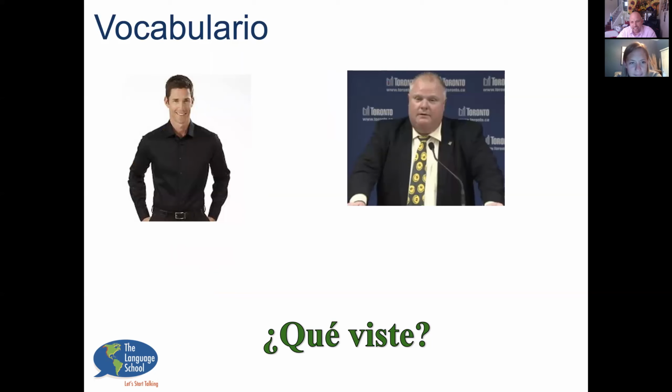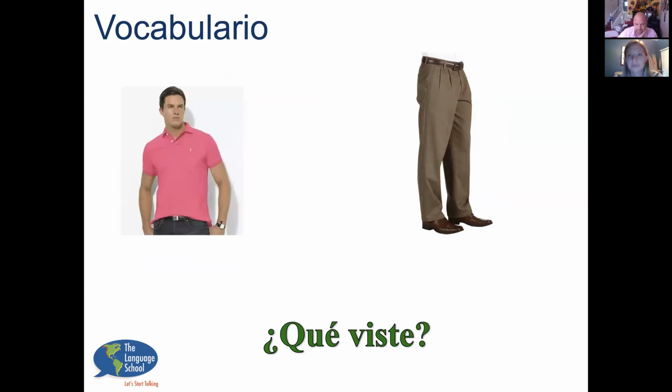A la izquierda, ¿qué viste? Él viste una camisa negra. Muy bien. Or just una camisa, pero negra mejor. Y a la derecha, I think we're referring to the tie. Él viste una corbata. Muy bien.